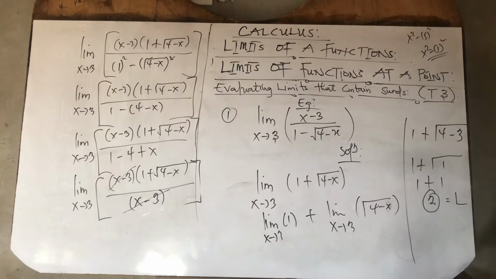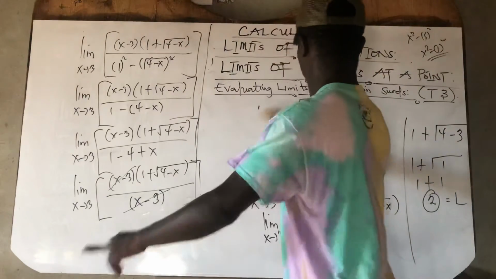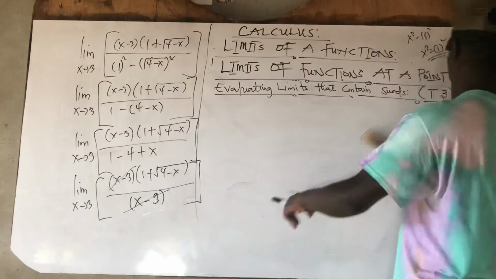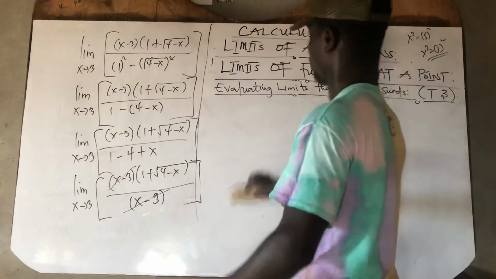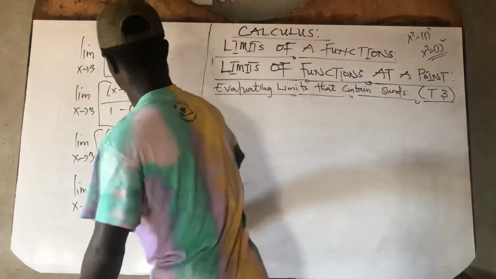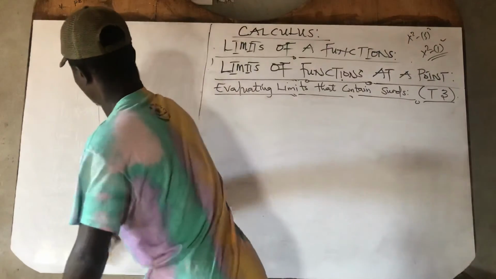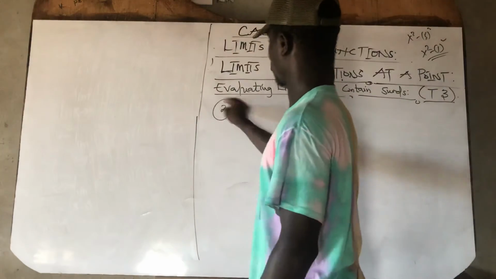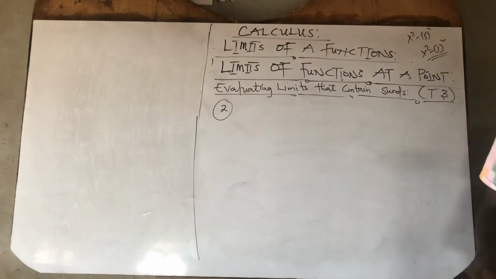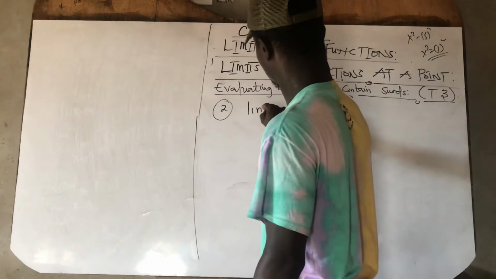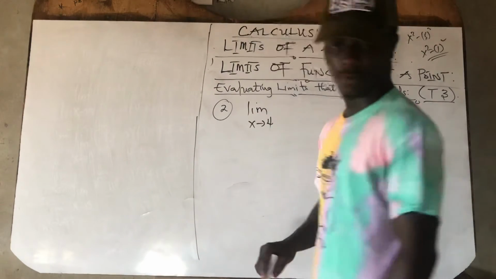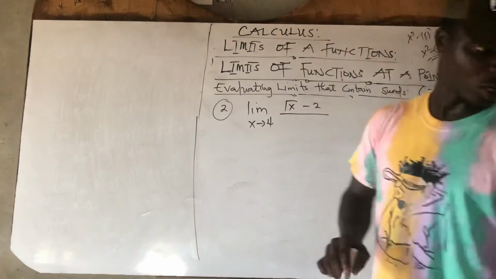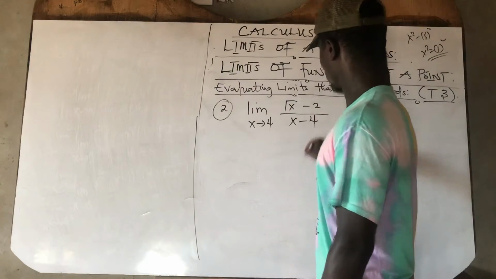Alright. Question 2. Evaluate the limit as x approaches 4 of square root of x minus 2 all on x minus 4.